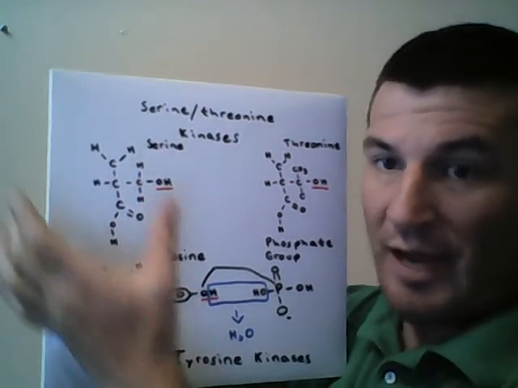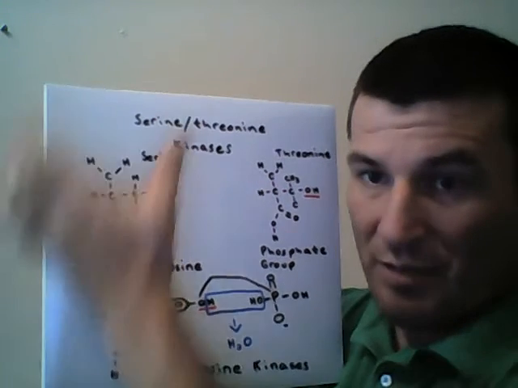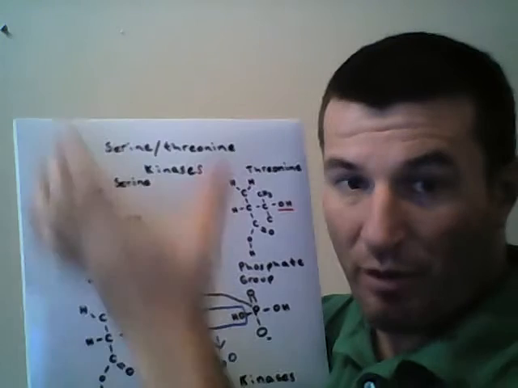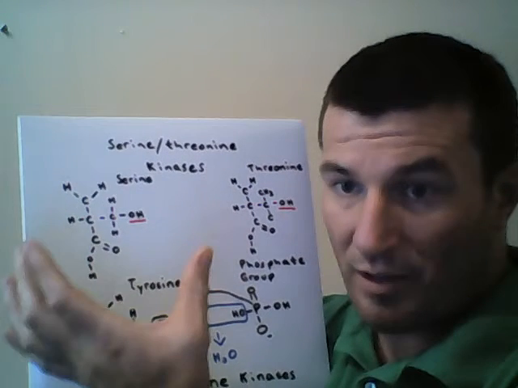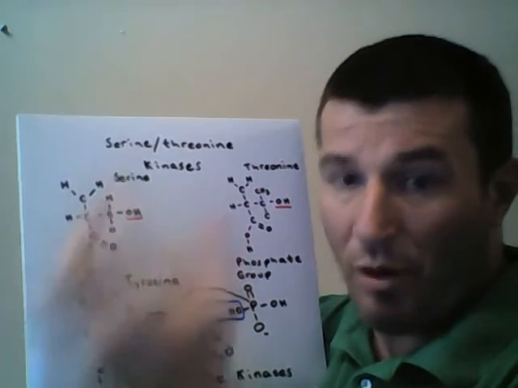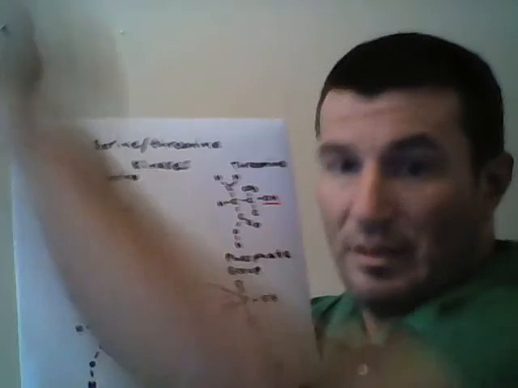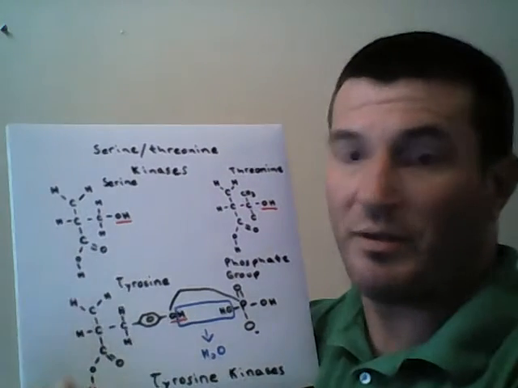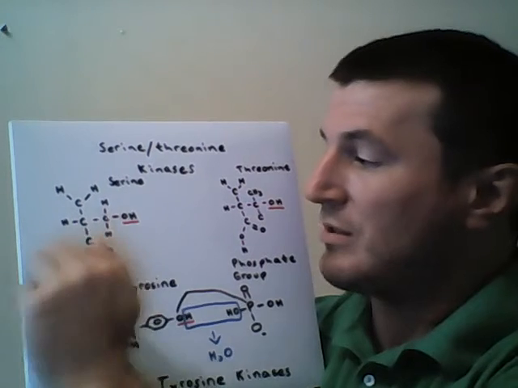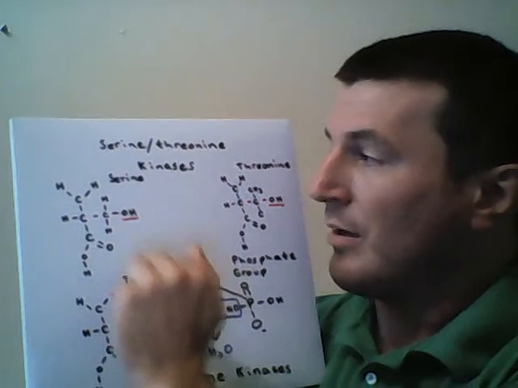This is the amino acid drawn out in free form. If you just had the amino acid by itself and not part of a protein, this is what it would look like. If it's part of a protein, then it's drawn a little bit differently because it's going to be missing pieces of its backbone here.